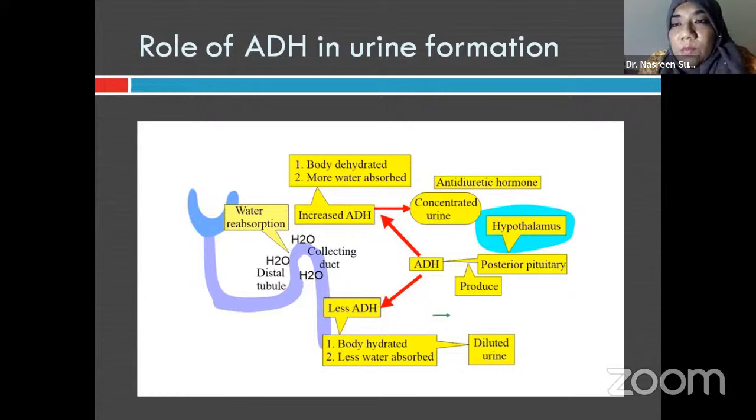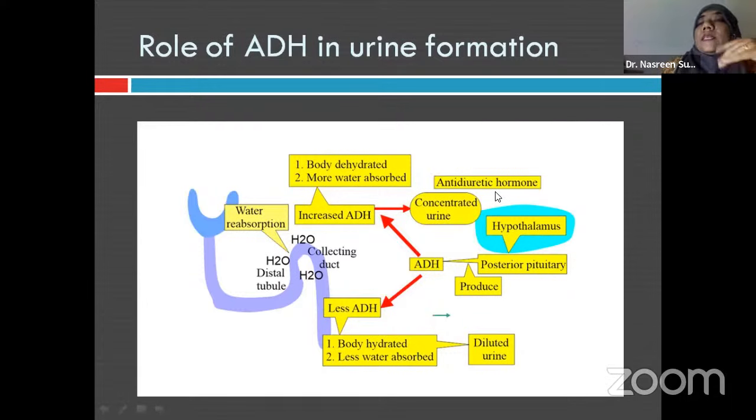Why? Because most of the water is lost through urine. So now the posterior pituitary gland will release ADH, and ADH is going to increase the reabsorption of water and thereby produce concentrated urine.